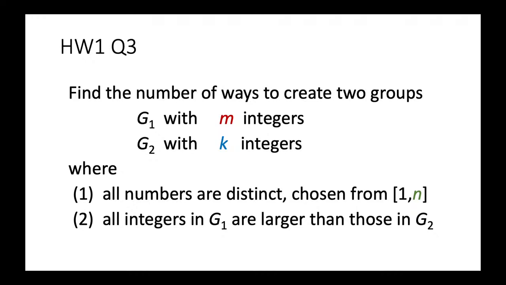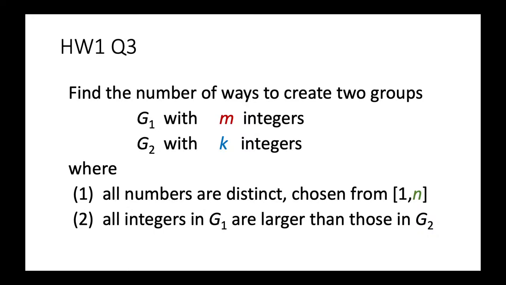Now, although this looks complicated at first glance, maybe you can show this by using the rule of sum, because you can separate the counting into different cases. But a very easy observation shows that by choosing any m plus k distinct integers from 1 to n, the smallest k integers you must put into G2, and the largest remaining m integers you must put into G1.